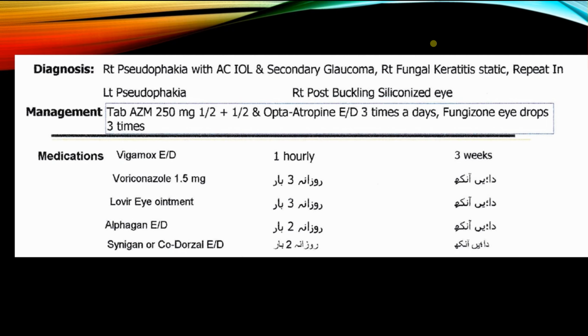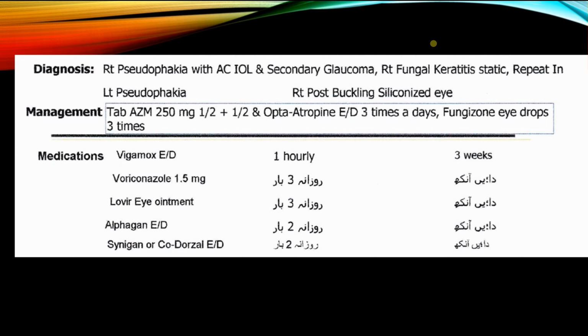cycloplegic agent. So an important thing to remember in these cases is you need to see where the lesion is and then see the serial response of the patient. You would ask the patient what his complaint is, and his main complaint is a lot of pain which is not getting better, so you need to reevaluate your examination.